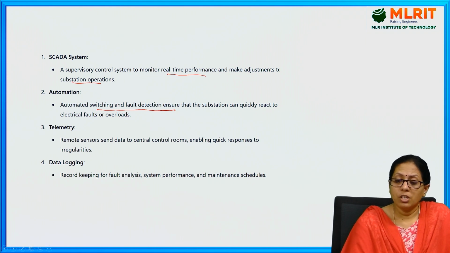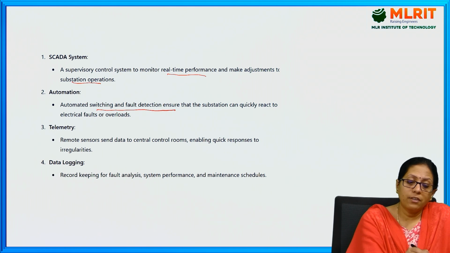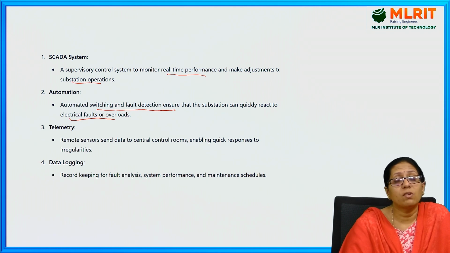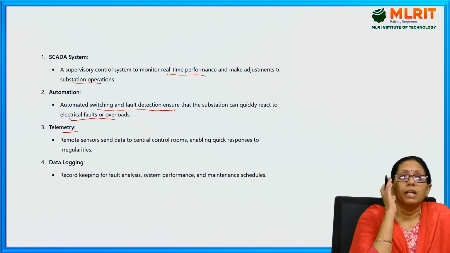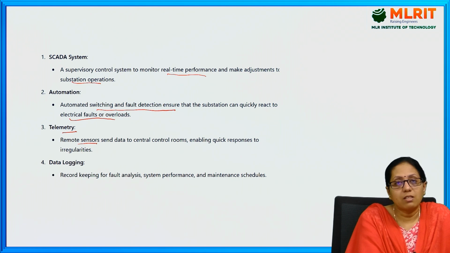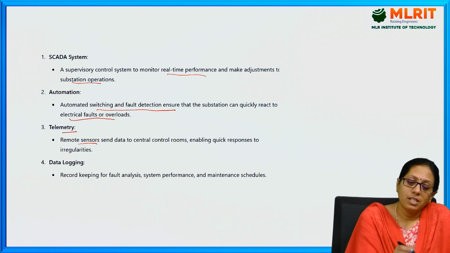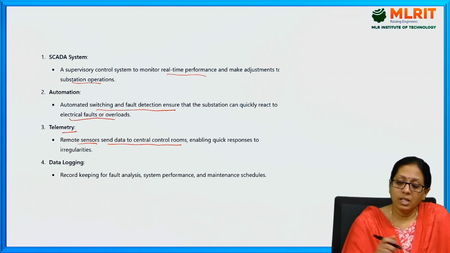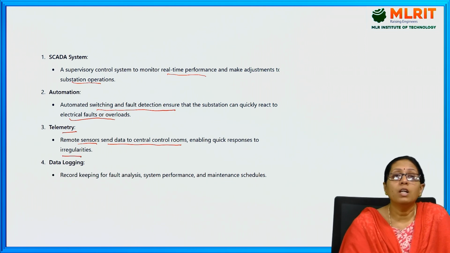So, the substation can quickly react to electrical faults as well as overloads. By using these automatic systems, we can quickly react to different types of faults as well as overloads. Next is telemetry. Telemetry means remote sensors which send the data to central control rooms in order to attain a quick response to irregularities, that is, during fault conditions.